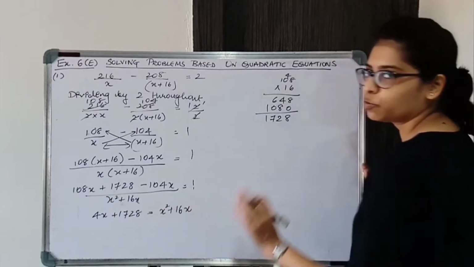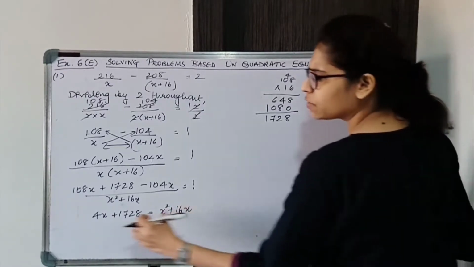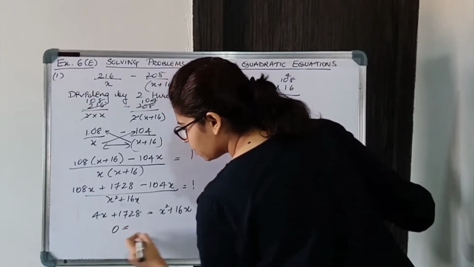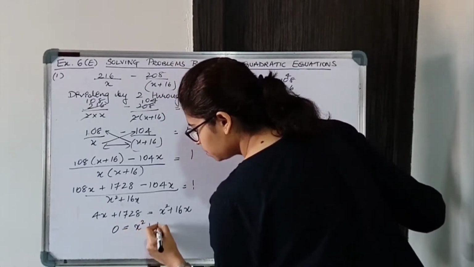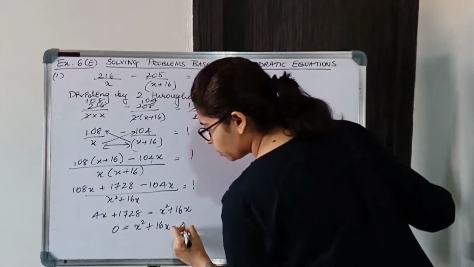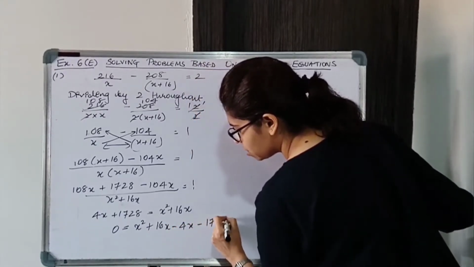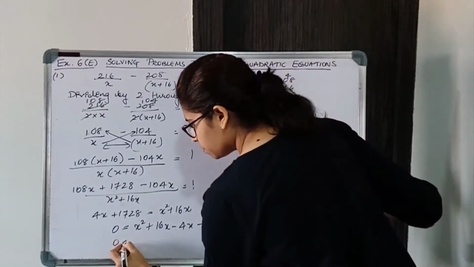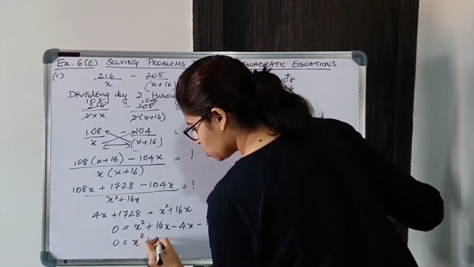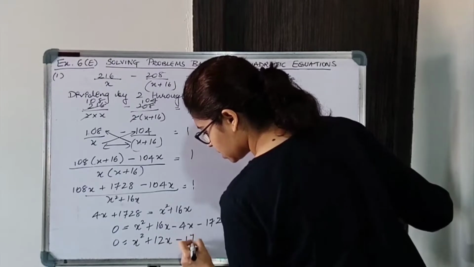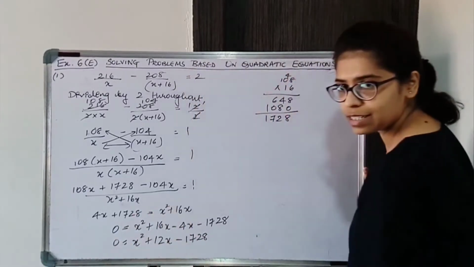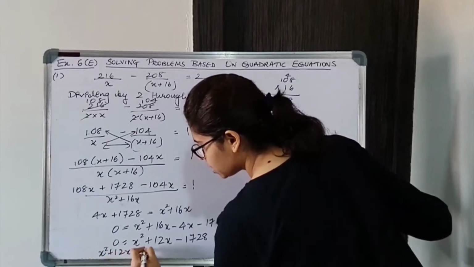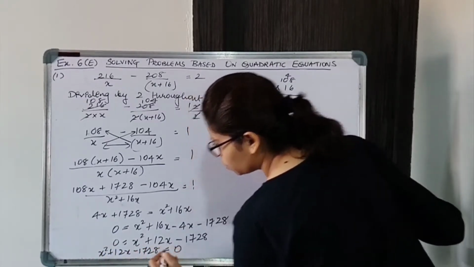Because I want x square to be positive. ठीक है, you can shift this over here and solve one and the same. ठीक है, तो I am shifting everything in RHS. 16x minus 4x minus 1728, signs will change. ठीक है. Now this will become x square plus 12x minus 1728. Now switch the sides. Now you can say x square plus 12x minus 1728 is equal to 0.